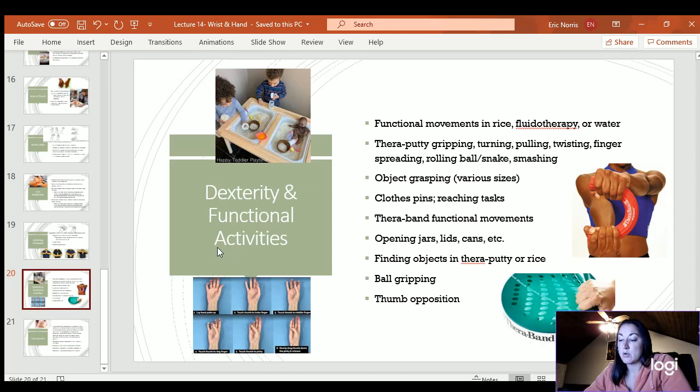You can do grabbing objects of various sizes like marbles or different size coins. Oftentimes you'll work on doing one finger at a time. So grab it with this finger and put it down, and then grab it with the other, and we'll keep going. And then once they're at their pinky, they'll either start over or go back the opposite direction.